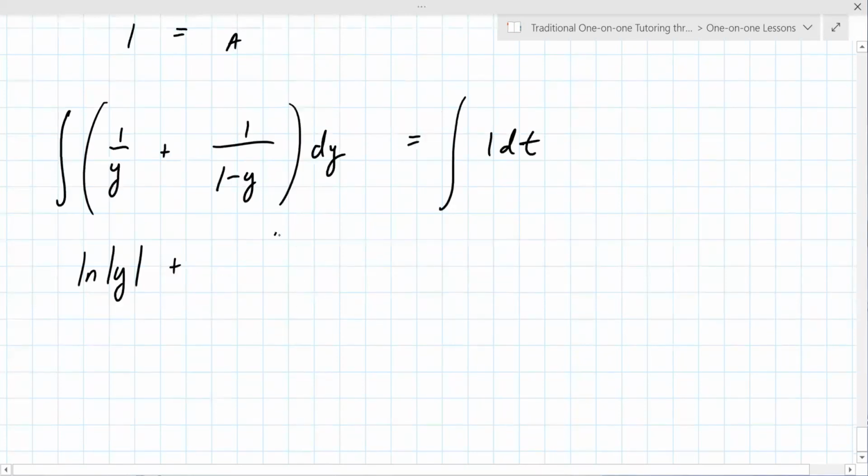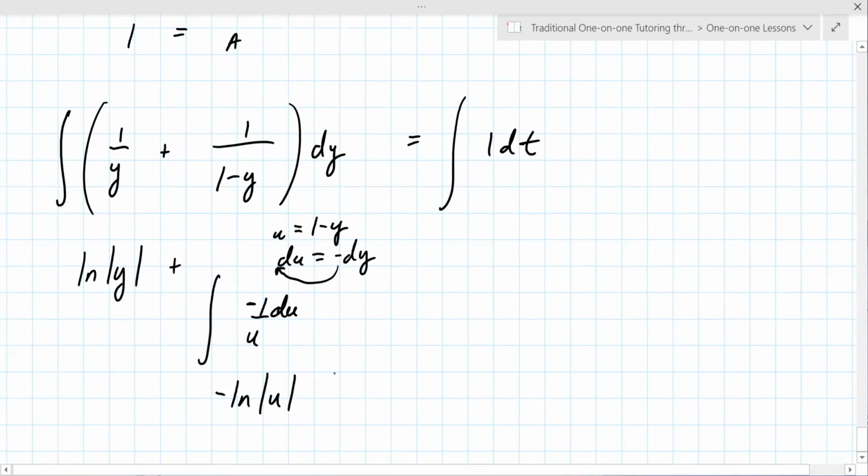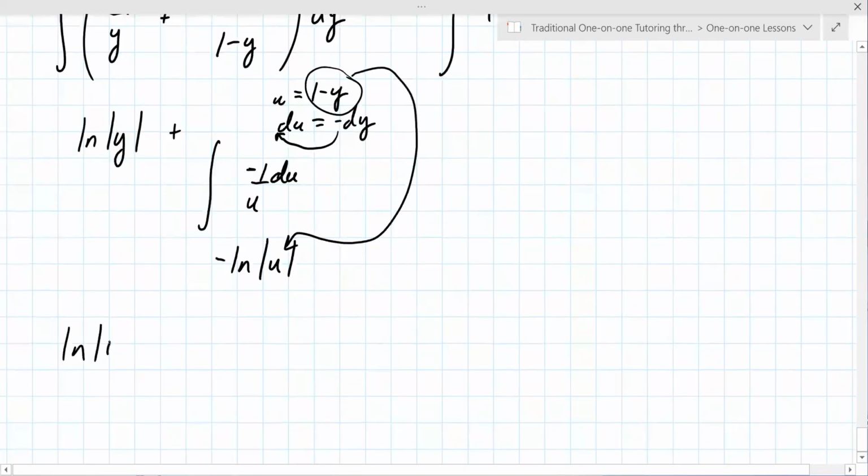This one in the middle, u equals 1 minus y, du equals minus dy. So when you integrate it, you're really integrating 1 over u, but then this negative comes over here with the du, so it becomes negative du. So you get negative natural log absolute value of u, and you back substitute this 1 minus y back in here.